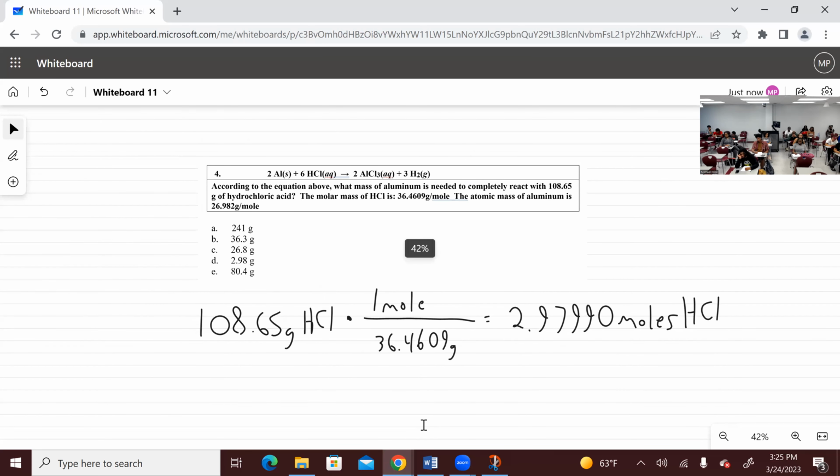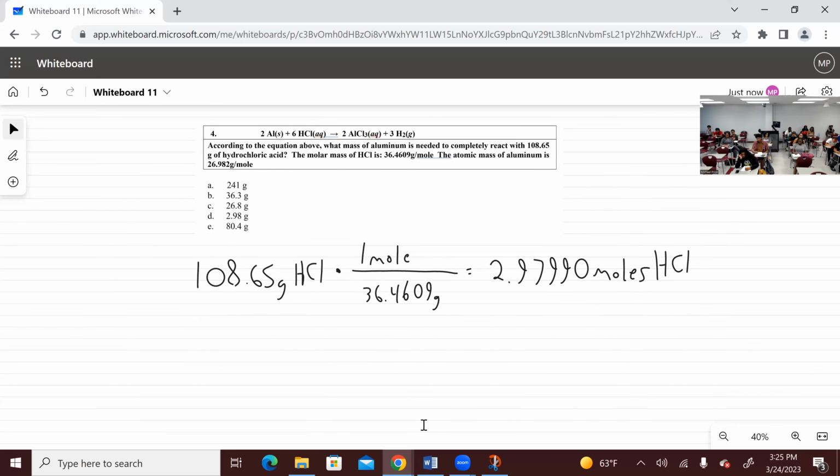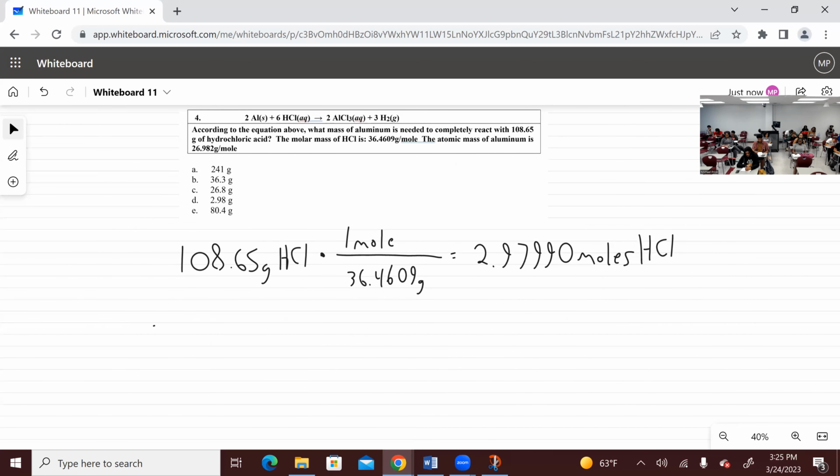All right, so now I'm going to have 2.97990 moles of HCl. Now let's see, what are we trying to get? They say according to the equation, what mass of aluminum is needed to react with this HCl. So I have HCl and I'm trying to get aluminum.